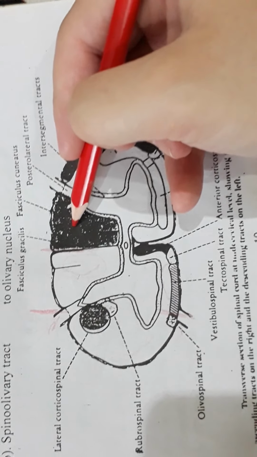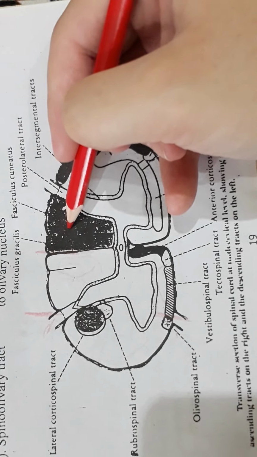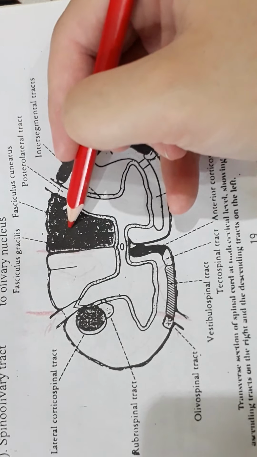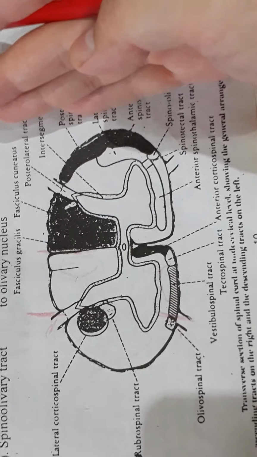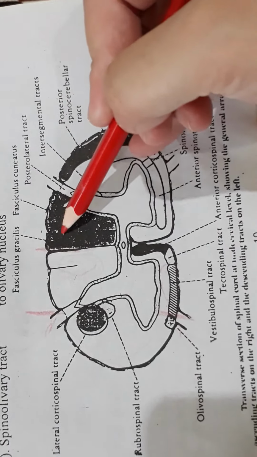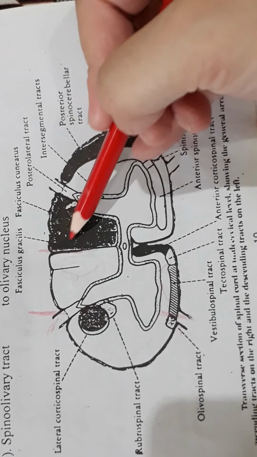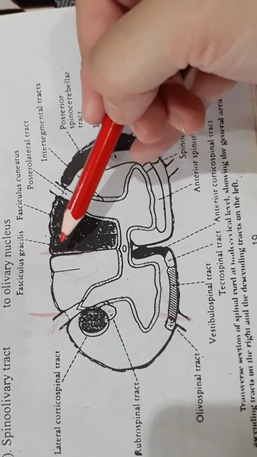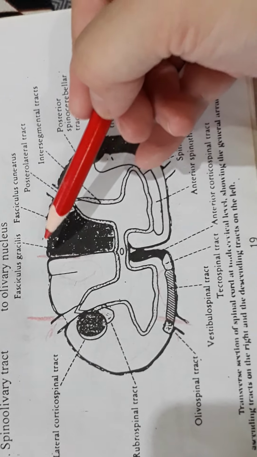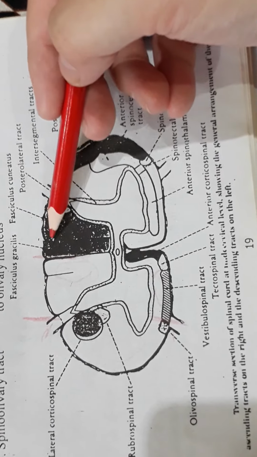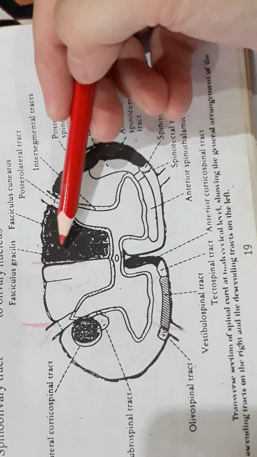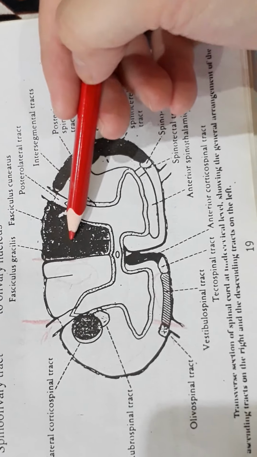Lemniscus is basically a combination of things or tracts. As you know, this is the medial side and this is the lateral side. So these tracts travel in the medial side. That's why it is known as dorsal column, as it lies in the dorsal or posterior white column, dorsal column medial lemniscus system.